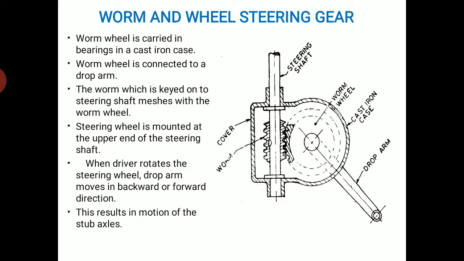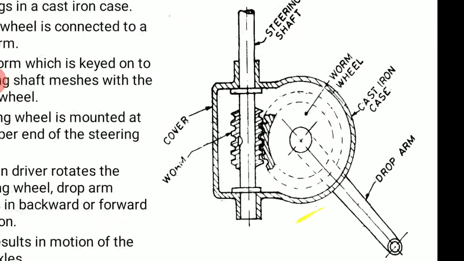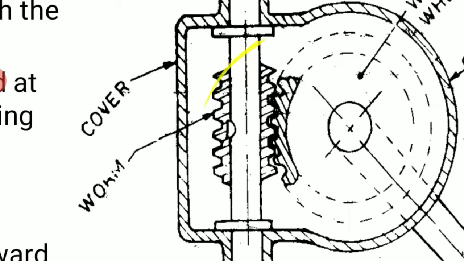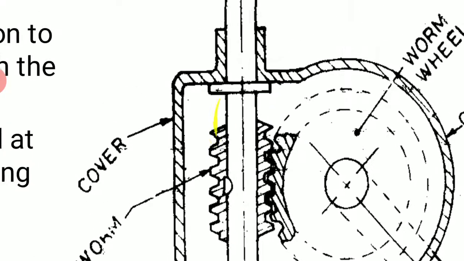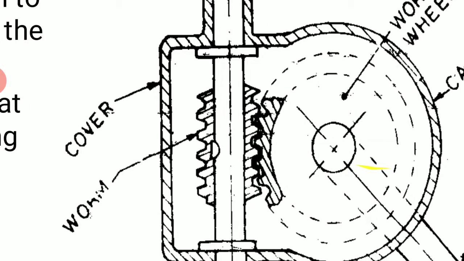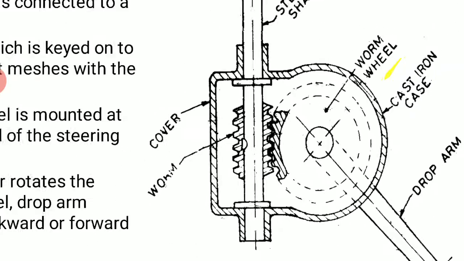First, the worm and wheel steering gearbox. It consists of a worm and a worm wheel. You can see here in the figure, this is called the worm, and the circular portion is called the worm wheel.